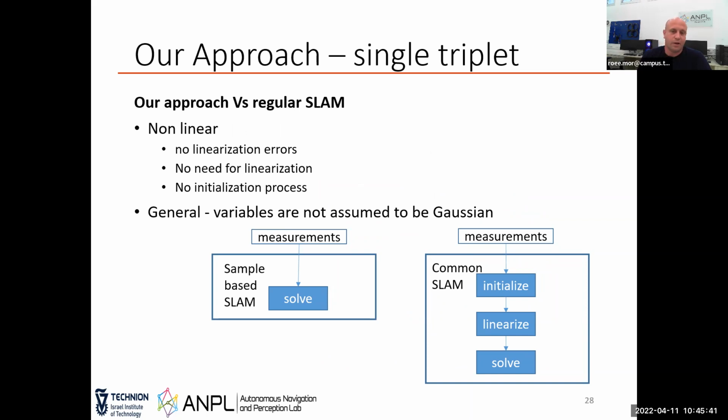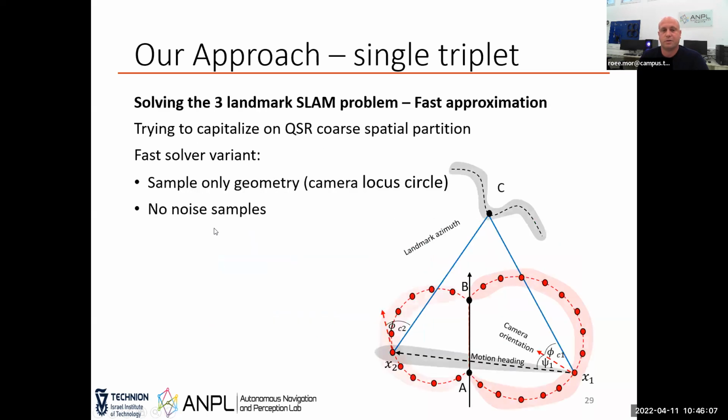So we have to make linearization, and then you have linearization error and stuff like that. And then you have to solve eventually. In our method, it's very direct. You don't have any constraints or any prior steps you have to take. It's very simple and very fast. This is why this fits our approach. So that's it for now.